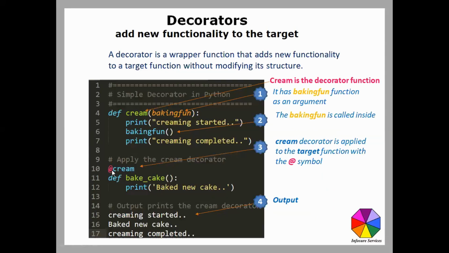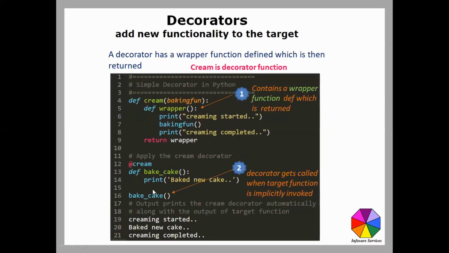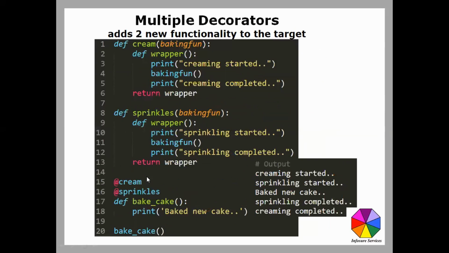Here, at decorator is cream. I created this example much like that. So the target function can have multiple decorators, here cream and sprinkles can be applied. The underlying function need not have any change.